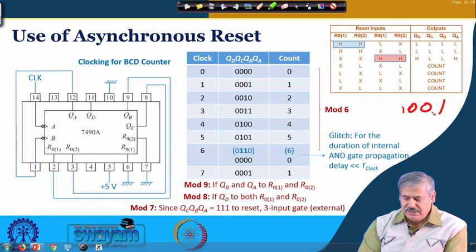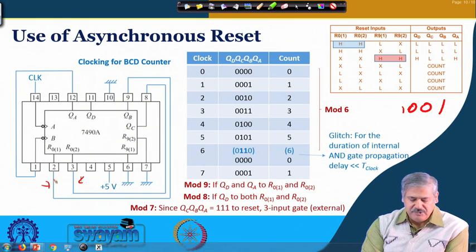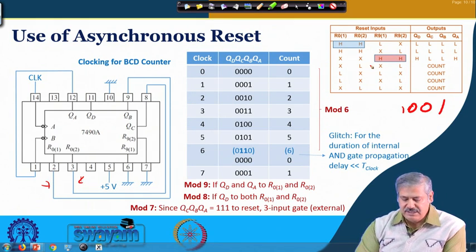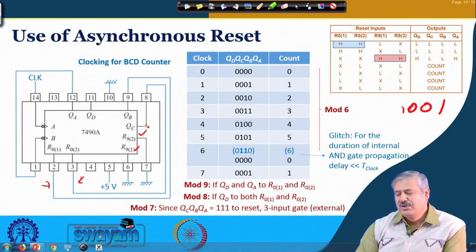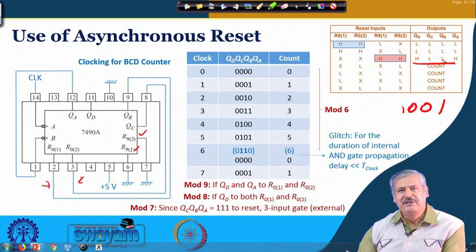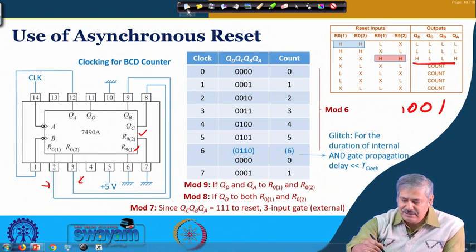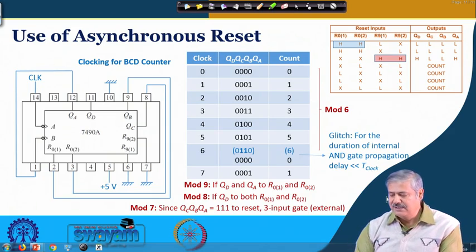So, pins 6 and 7 earlier we have kept at ground because this is the one that we are using. So, if we keep 2 and 3 at ground, and 6 and 7 where R91 and R92 are there, if both of them are high, then what happens? 1001 gets loaded. Instead of 0000, it will now have the value 1001. So, we take note of this from the truth table and then we go forward.